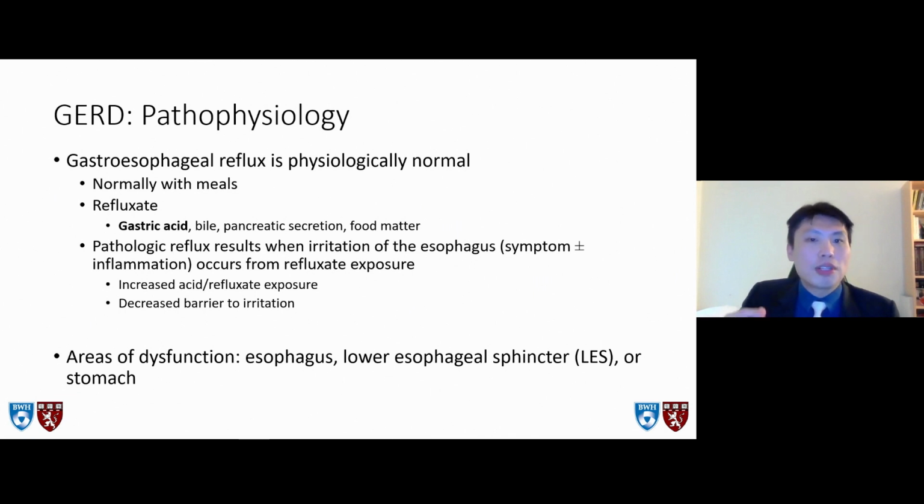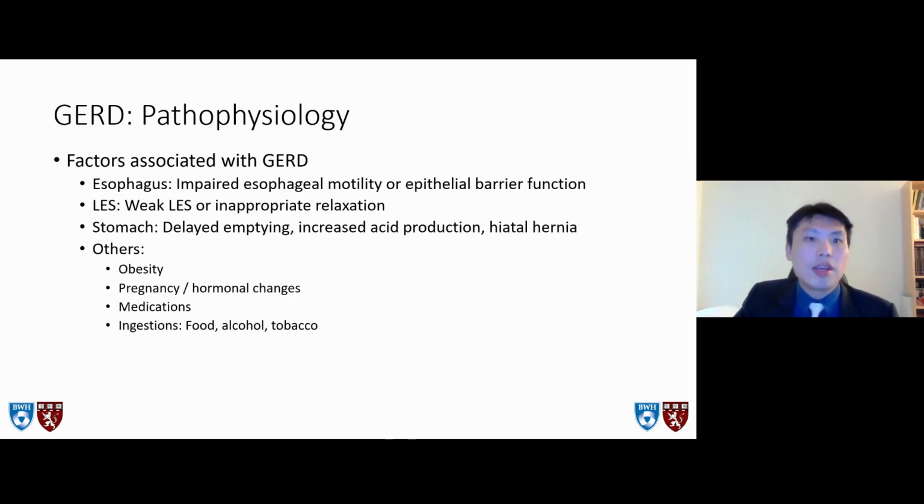Pathologic reflux usually results when there's irritation of the esophagus from this refluxate exposure, either due to an increase in acid or refluxate exposure, or a decrease in the esophageal mucosal barrier to these irritants, causing injury to the esophagus. And reflux can happen due to dysfunction in three main areas: at the esophagus level, at the lower esophageal sphincter level, or in the stomach.